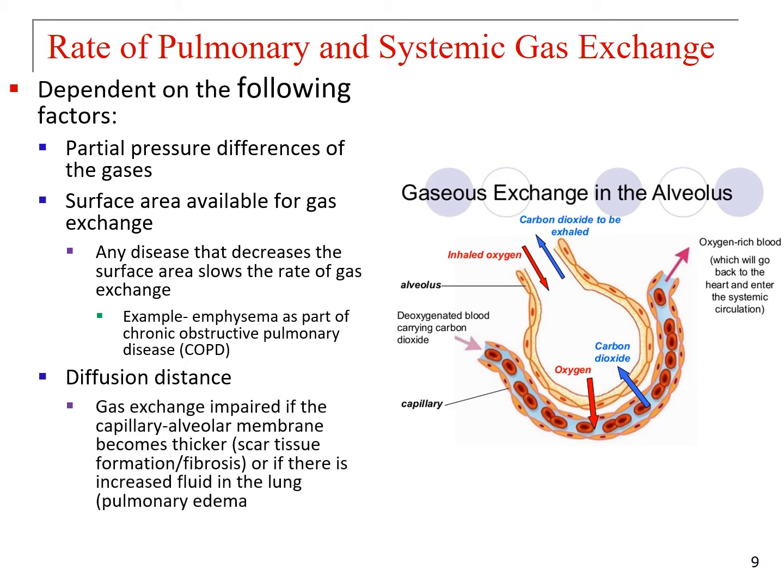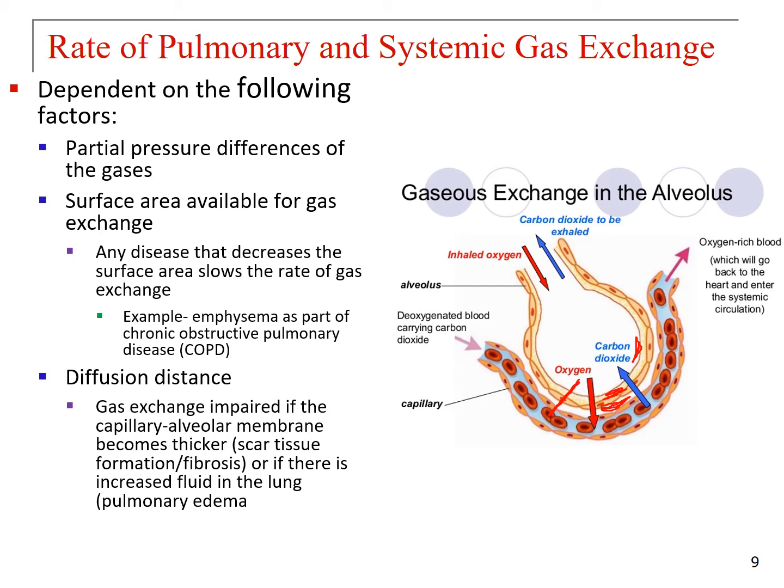So if this capillary and alveolar membrane becomes thicker, and let's try a different color here, if the membrane here becomes thicker, if there's scar tissue instead of these cells, anything that increases this diffusion distance, like an increased amount of fluid in the lungs, you're going to overall increase your diffusion distance here.